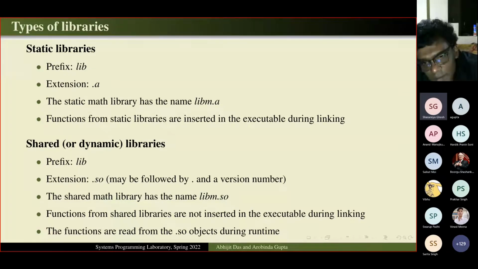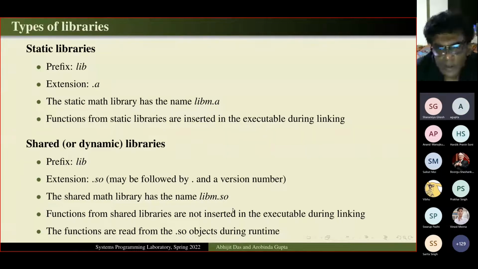Yes, sir. Okay. There is another issue. So if it is not there, okay, you will at least get an error. The other problem happens if you have compiled with a shared library. When you compile with the shared library, some reference to the codes in the shared library gets made. So when the shared library is there at runtime, those references tell you where to look in the shared library.